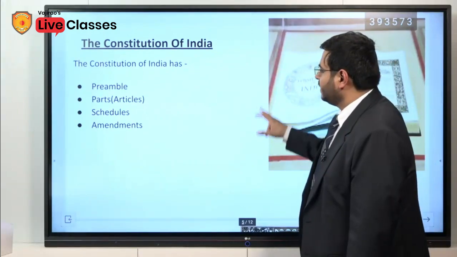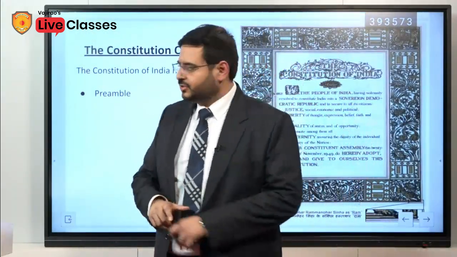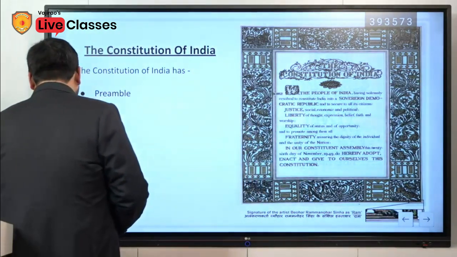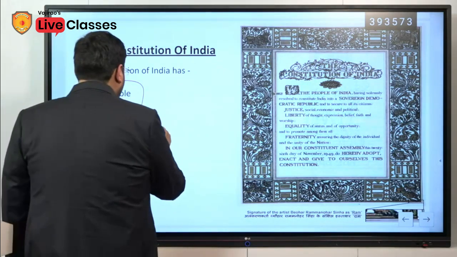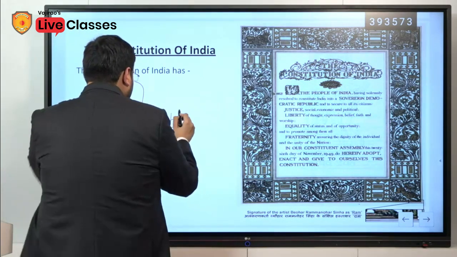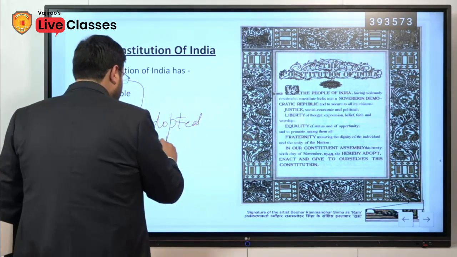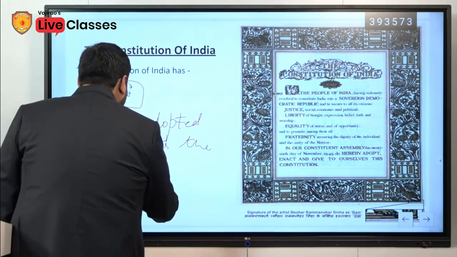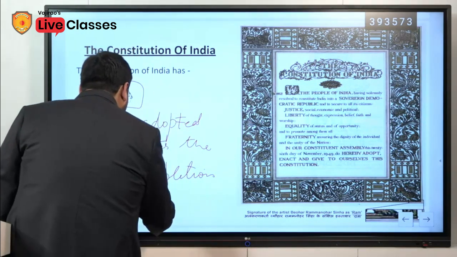We know there is a preamble. Preamble represents the identity of the Constitution. Now the preamble is the part which was adopted after the completion of the Constitution.